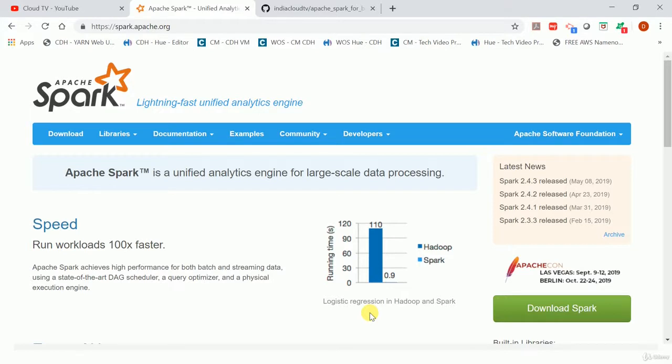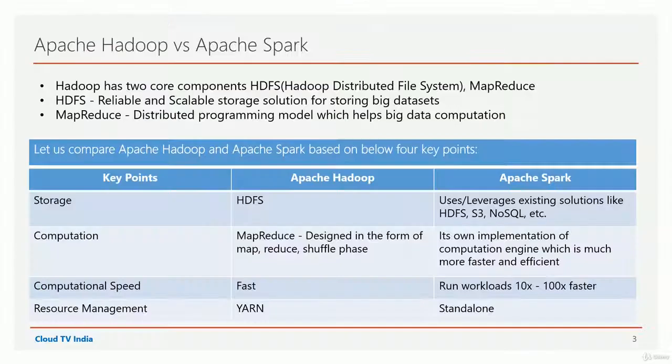Those kinds of binary classification you can do using logistic regression. When they did the benchmark for logistic regression in Hadoop and Spark, in Spark they were able to get 100 times faster than Hadoop. So that's the computational speed you get in Apache Spark.